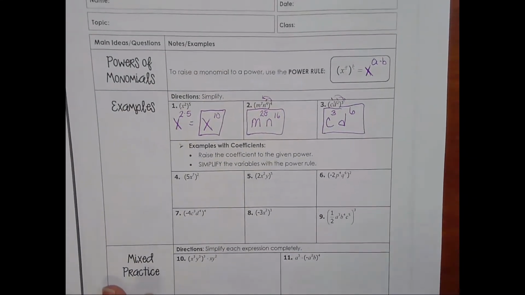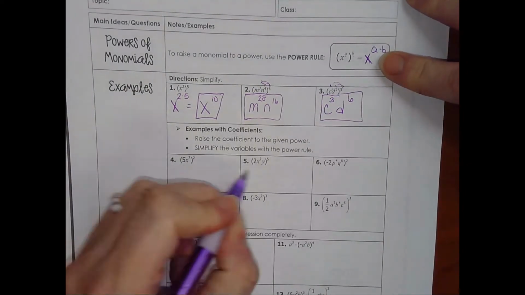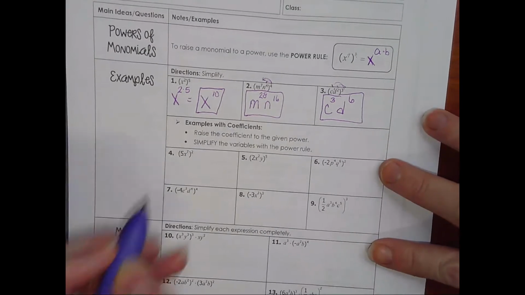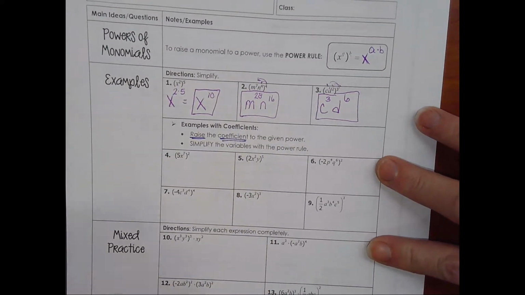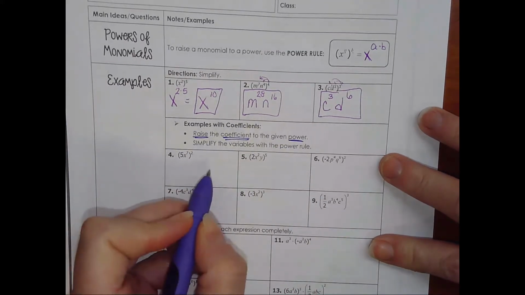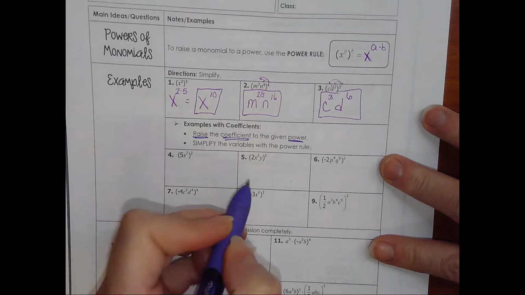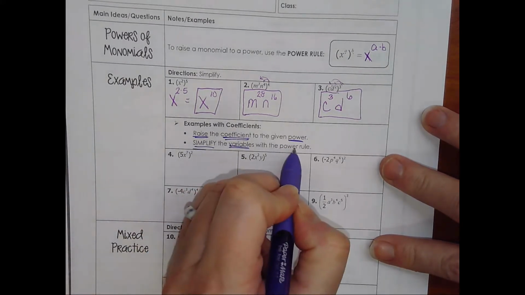Now, when you have coefficients or numbers out in front, it's a little bit different. What you are going to do is raise the coefficient, the number, to the power, and then with your variables, you're just going to simplify them using that power rule.